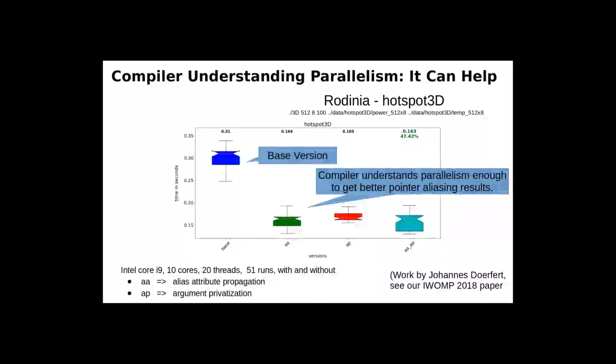In addition, even providing a compiler with understanding of parallel constructs can greatly enhance the performance of code. The fact that the flow of a program is broken up across different kernels and so on can interfere with compiler optimizations that the compiler would otherwise perform. And having the compiler understand parallelism enough to get, say, better pointer aliasing results inside of a kernel based on data from the code outside of the kernel can yield significant benefits.